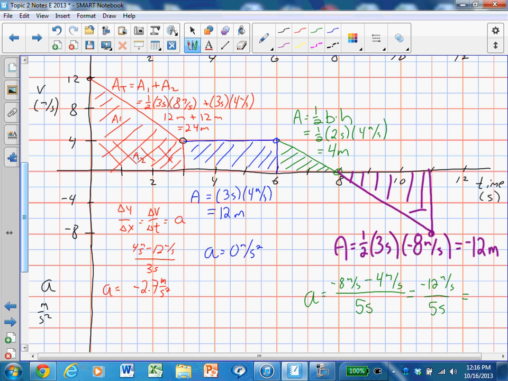I should have seen that of all my accelerations, 2 of them are negative, 1 is 0.